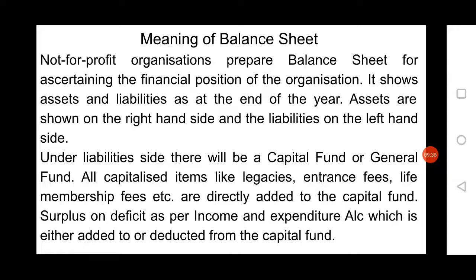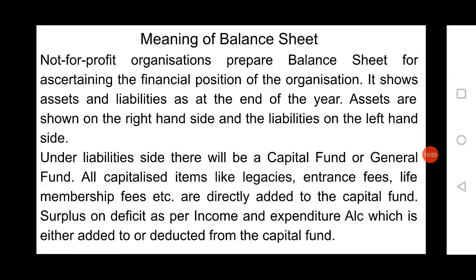Here financial position means assets or liabilities. It shows assets and liabilities as at the end of the year. Usually a balance sheet is prepared at the end of the year in trading concerns and non-trading concerns, that is, not-for-profit organizations. Assets are shown on the right hand side and the liabilities on the left hand side.